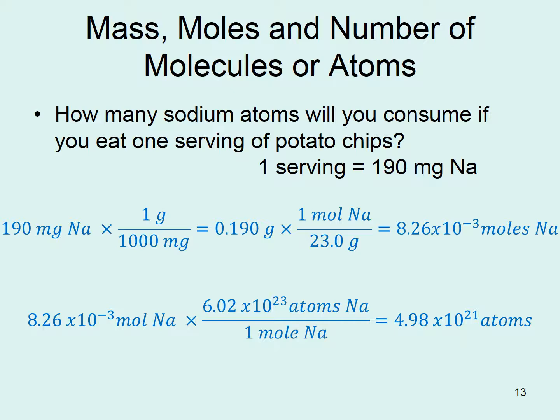I do want to warn you, if you're using your calculator and you're doing calculations with scientific notation, and especially if you're using a graphing calculator where you can easily put in 6.02 times 10 caret 23.